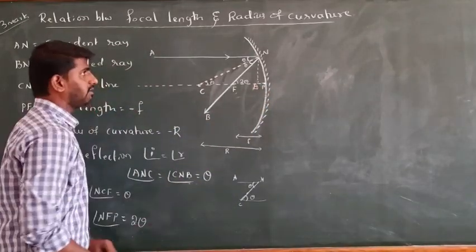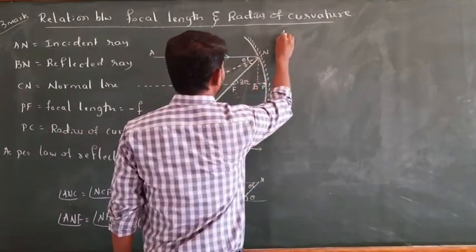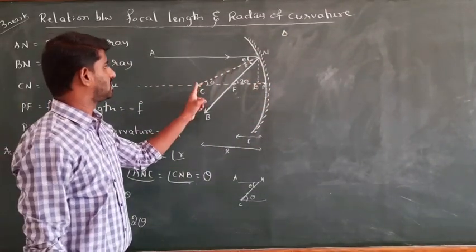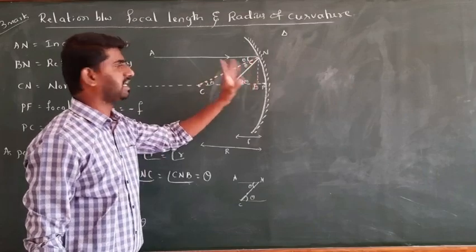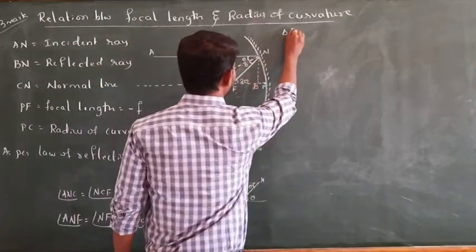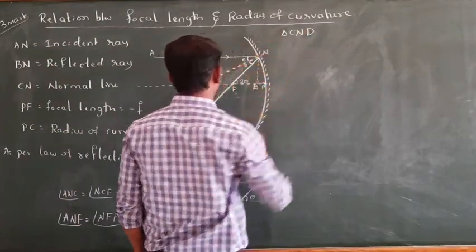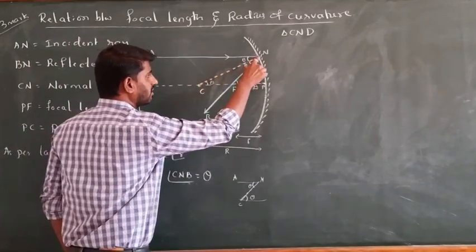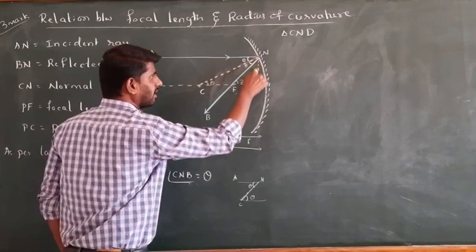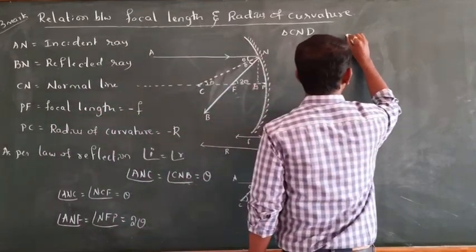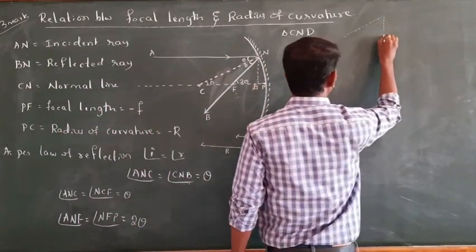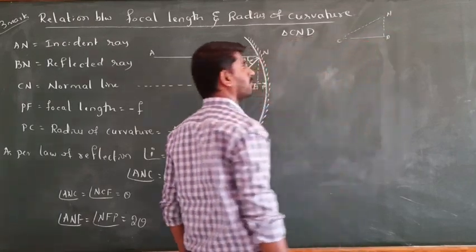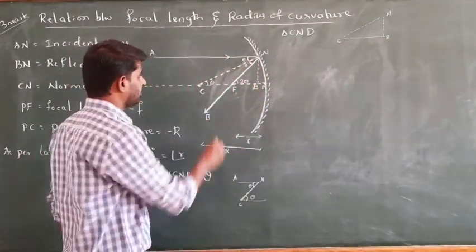Clear? Now consider the triangle CND. Okay, is it a right angle triangle or not? C to N and D, this dotted line. And what's the angle at C?